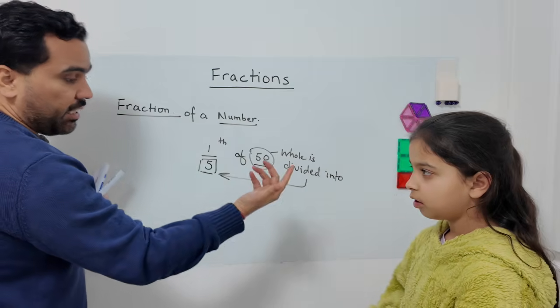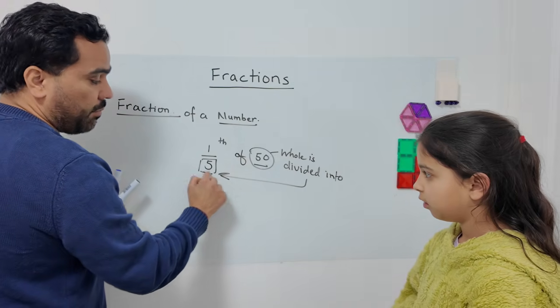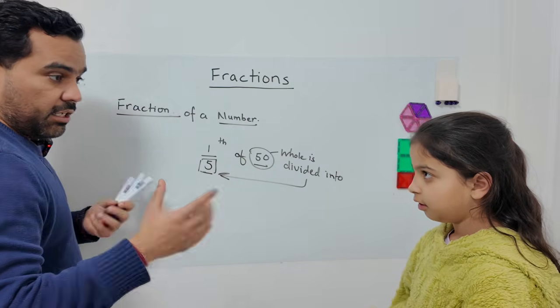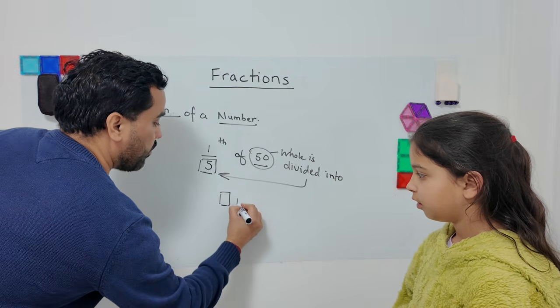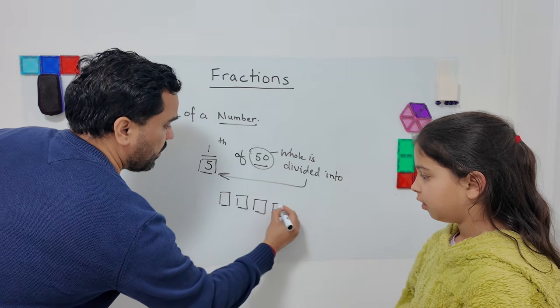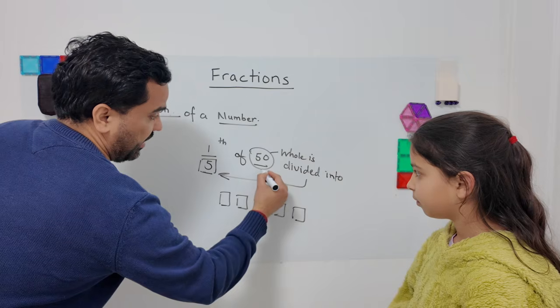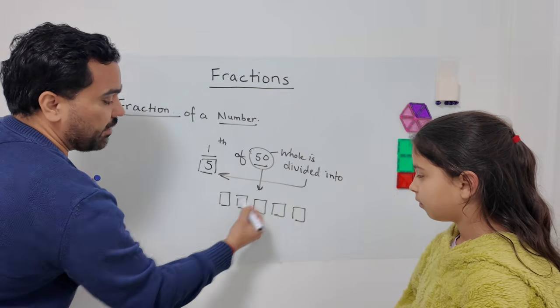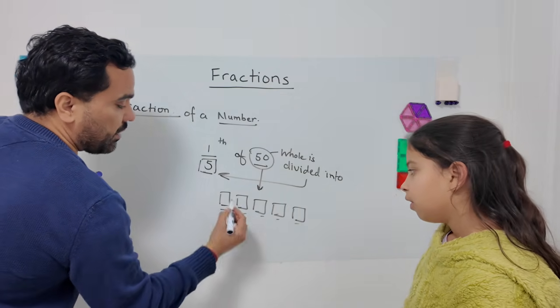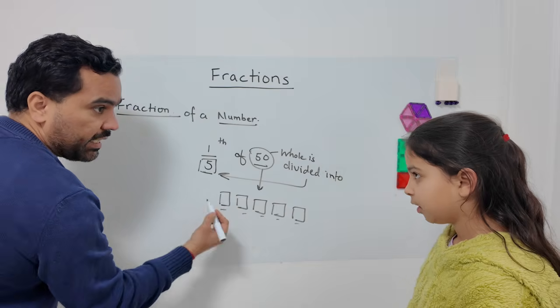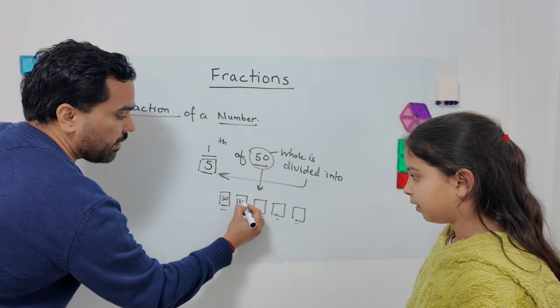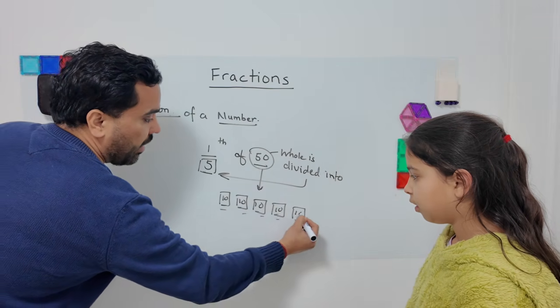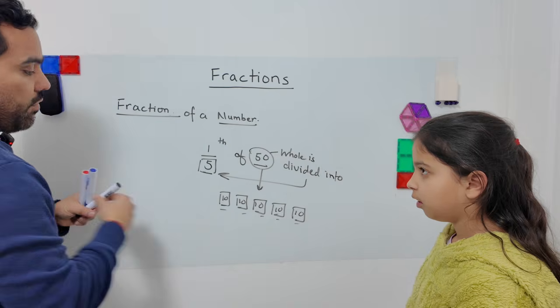Yes. So as you said, if you divide 50 by 5, that will be 10. So in each equal part there are 10. Say this is my 50 divided into 5 parts, and in each group or in each part you have 10. And out of these 10, I'm giving you 1 part.